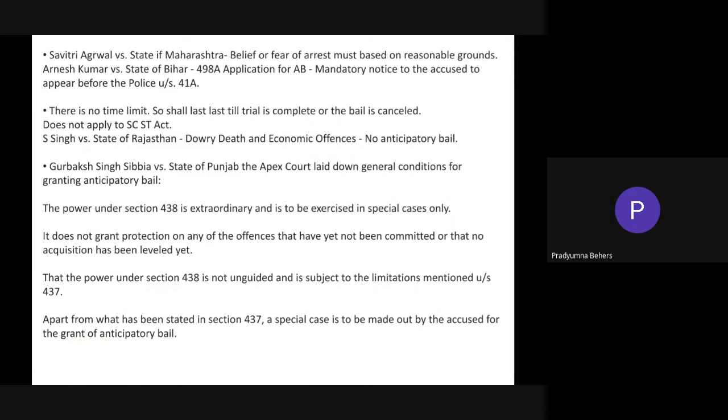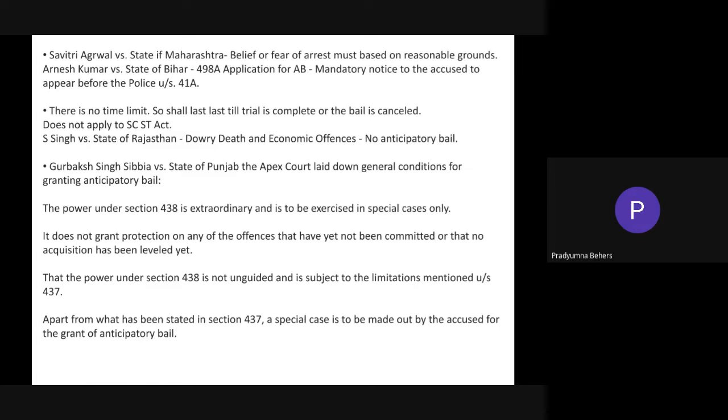Also, it says that the power under Section 438 is not unguided and it is subject to limitations mentioned under Section 437. So, though Section 438 seems to give unfettered power to the High Court, it is actually fettered under Section 437, and the limitations that are mentioned there apply to Section 438.